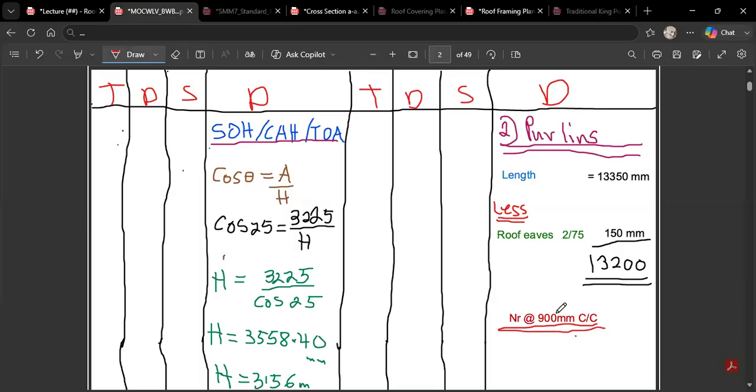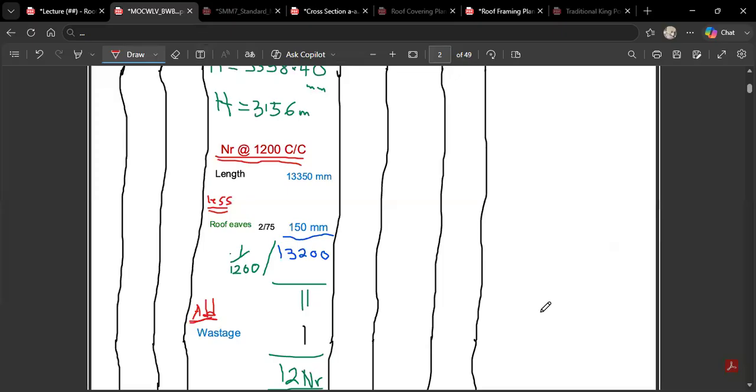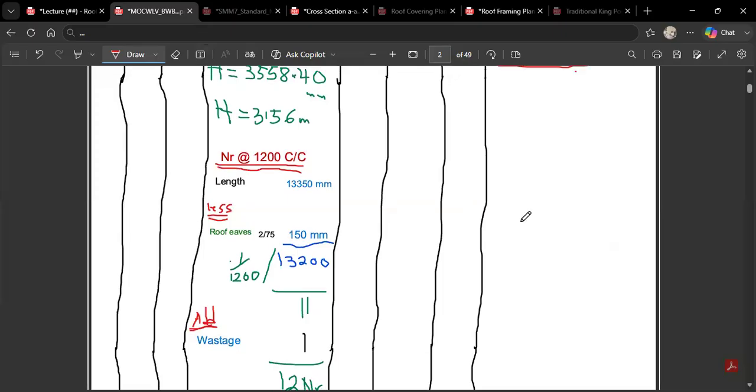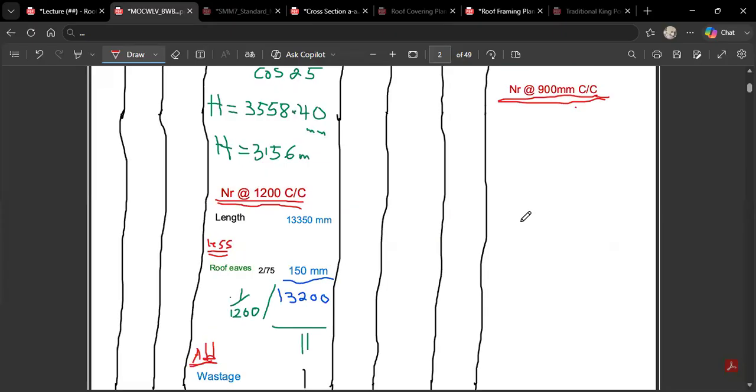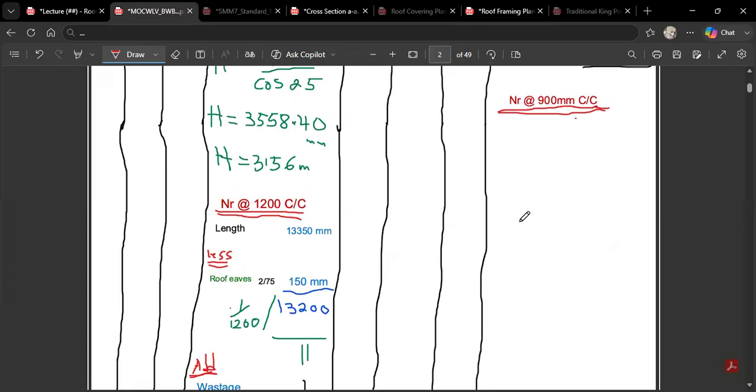Okay. So that is the number at 900 millimeter center to center. It's just the same calculations we did over here initially. That's the same thing we are still going to apply.